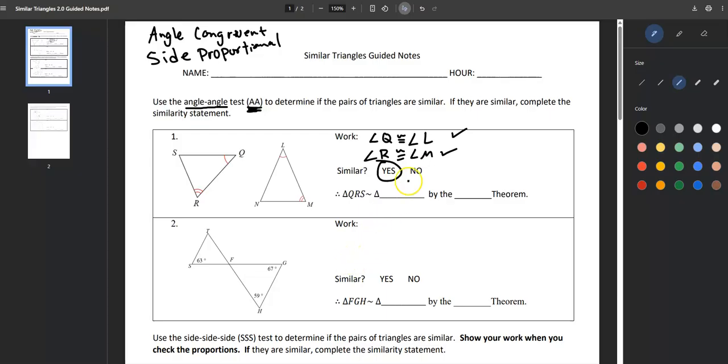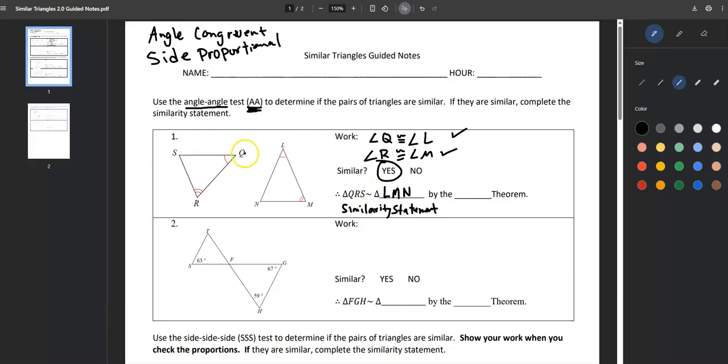Okay. So if they're similar, I want to write what we call a similarity statement. Again, this is a similarity statement. A similarity statement just states one triangle is similar to the other triangle. So QRS, if I go Q, that has to correspond with L. And then we went to R. R corresponds with M. And then N. A lot of times it's alphabetical, but sometimes it's not.